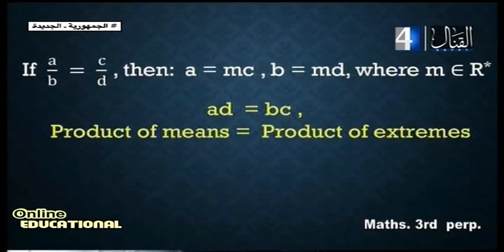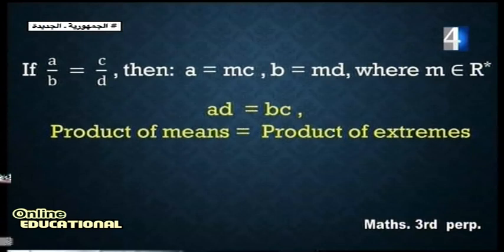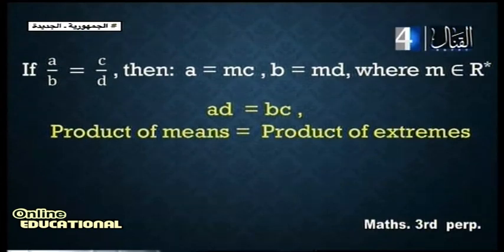What about product of means? Product means the multiplication of the means. What are the means? B and C. So the multiplication of B and C equals the multiplication of A and D. So product of means equals product of extremes.